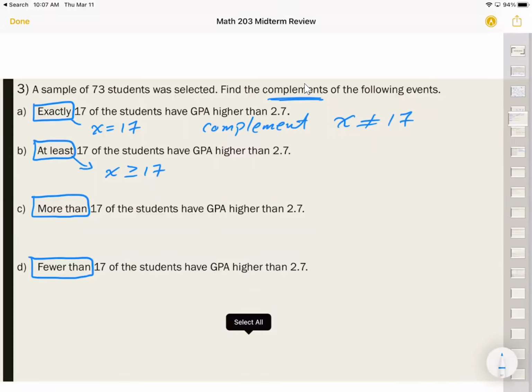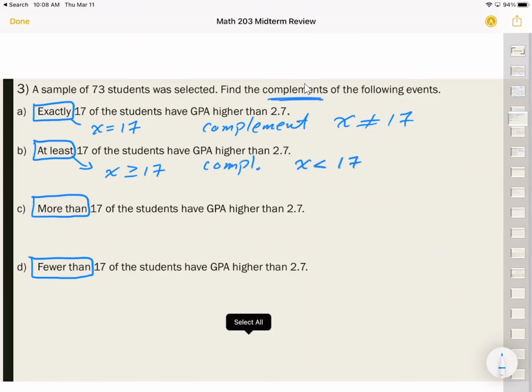So what is the complement of equal to 17 or more? Do you agree that as long as I pick a number less than 17, it is the complement of at least 17?